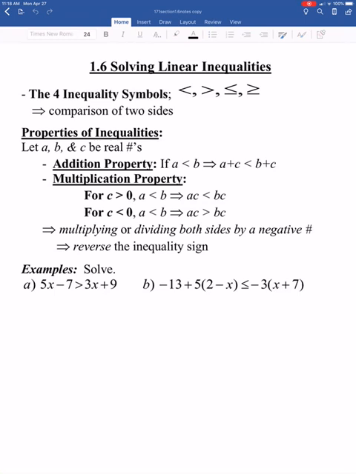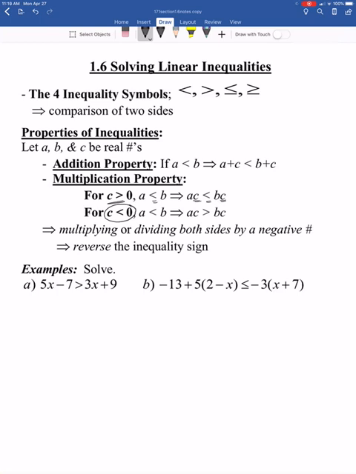Now, where you have to be careful is with the multiplication property of inequalities. The multiplication property of inequalities says if you multiply or divide both sides by a positive number, nothing changes. So you can see here for some number c greater than 0, when we multiply both sides by that number c, it's still a less than problem. Now, it changes when we're dealing with a negative.